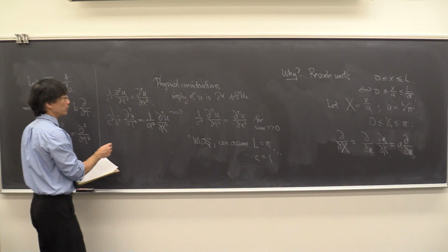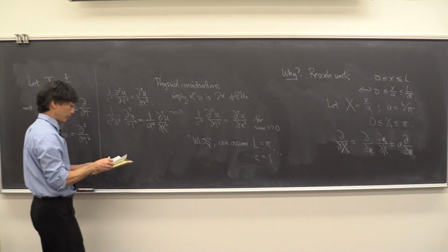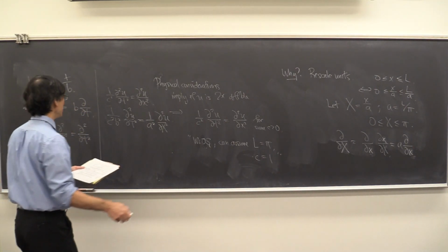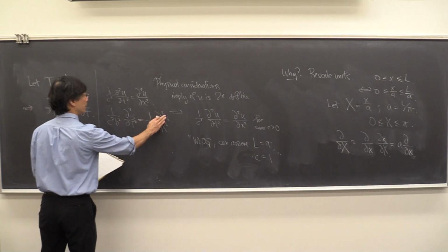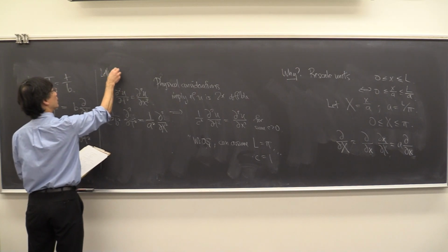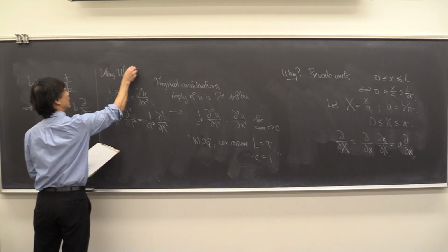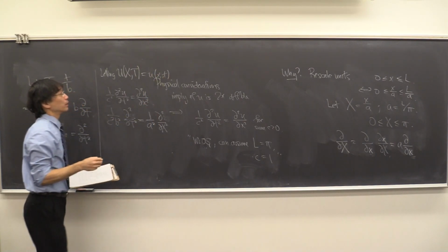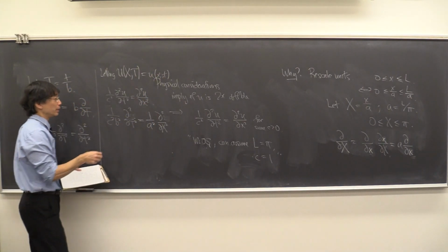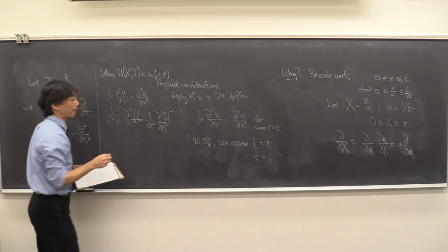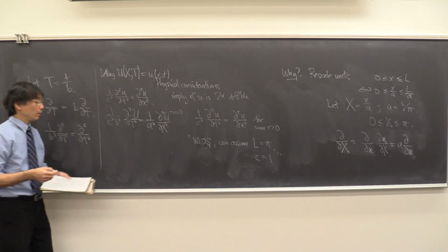Okay, so let me write it this way. Letting u of capital X, capital T be little u of little x and little t, you get this equation.